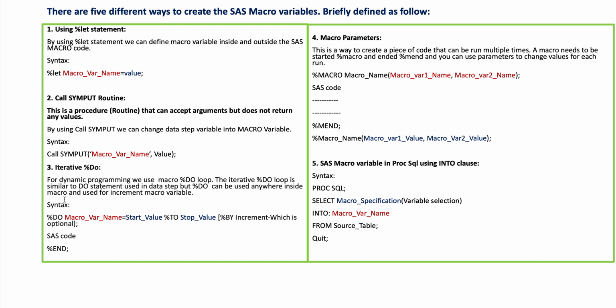Syntax is given here, %do macro variable name we have to provide here, equal start value %to stop value, where start value represents the starting value of macro variable, stop value represents the stopping value of macro variable, and sometimes we use increment step, that is %by increment value, which is optional.